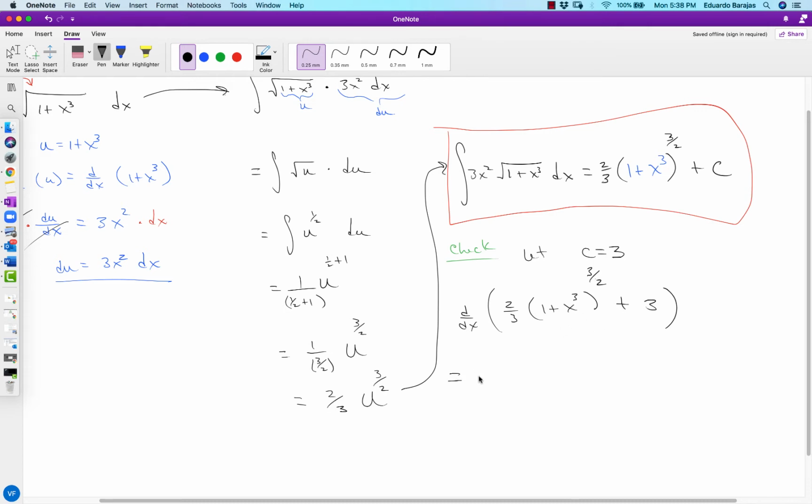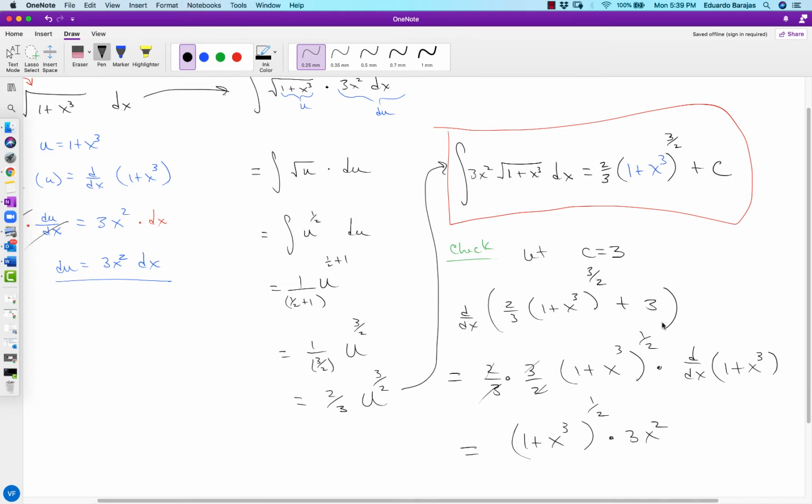This derivative is then going to be equal to 2/3 times 3/2 times 1 plus x cubed to the power of 1/2, times the derivative with respect to x of the inside, thanks to the chain rule, 1 plus x cubed, which gives me, okay, these guys cancel. I end up with 1 plus x cubed to the power of 1/2 times, and then this becomes 3x squared.